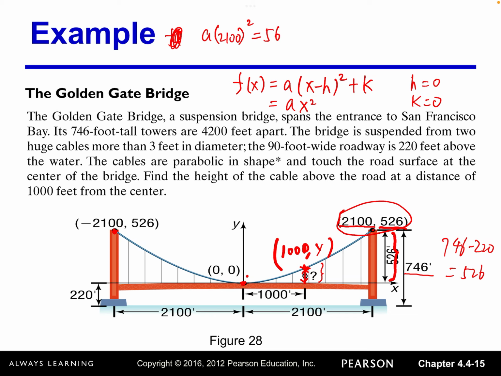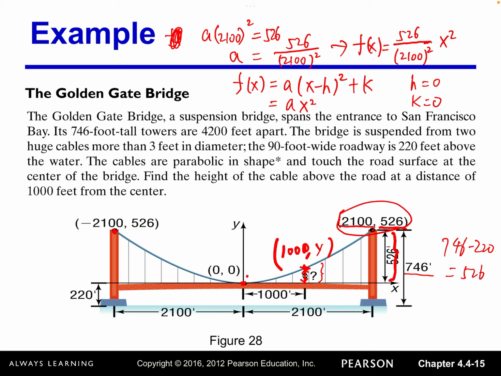So we can solve for a. A equals 526 divided by 2,100 squared. Okay, so we can keep this because, if you really calculate it, it is a very small number. Now we can update the quadratic function: f of x equals a, which is 526 divided by 2,100 squared, times x squared, right?